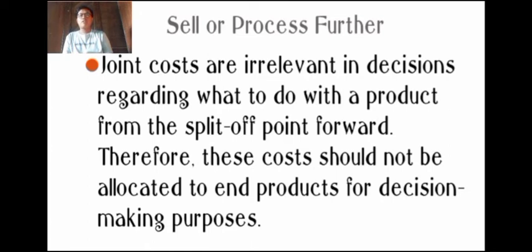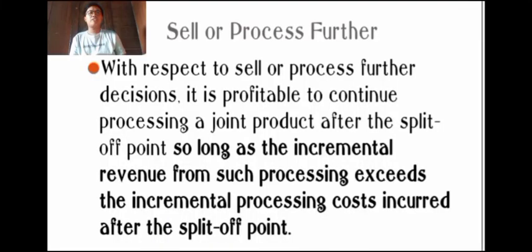Therefore, these costs should not be allocated to end products for decision-making purposes. And with respect to sell or process further decisions, it is profitable to continue processing a joint product after the split off point as long as the incremental revenue from such processing exceeds the incremental processing costs incurred after the split off point.